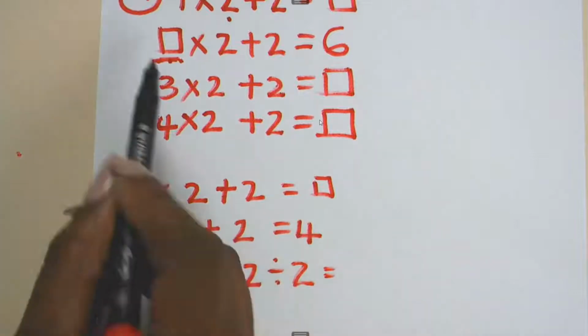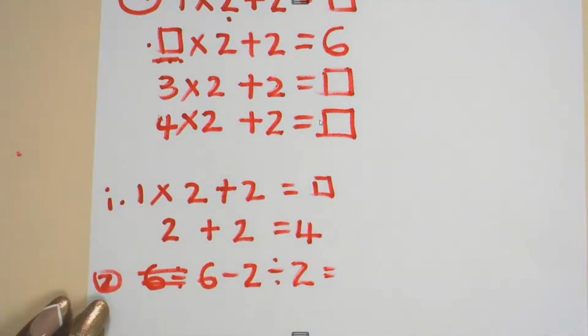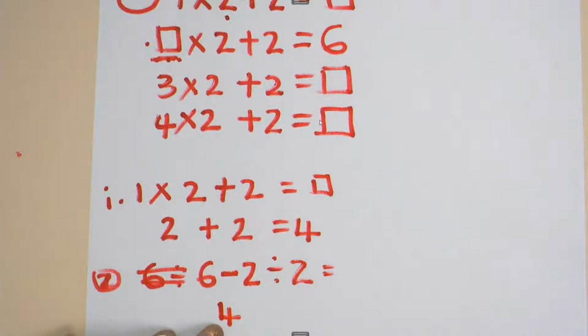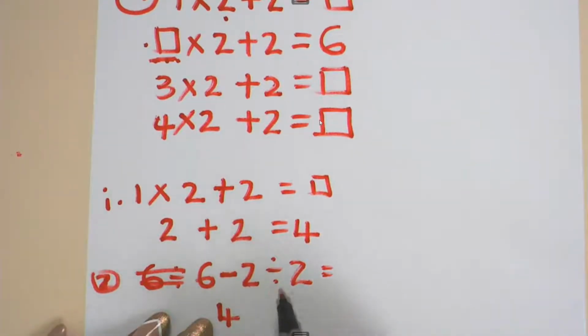Then we'll be able to find the input value. Remember, we have to divide first. We are going to say 6 minus 2 divided by 2 equals 1. Then the answer will be 5.